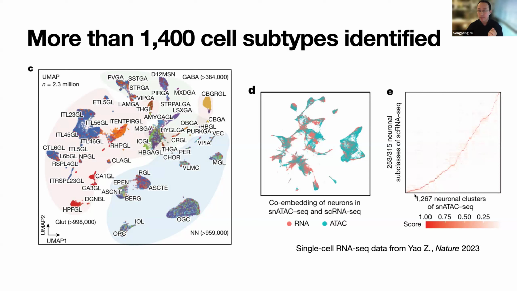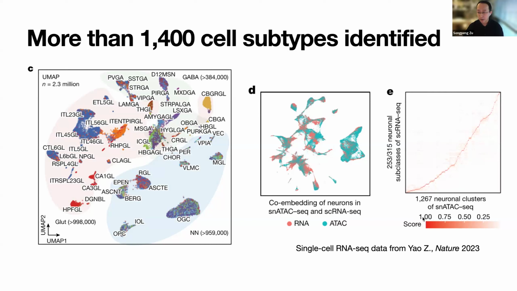Basically, for the consensus matrix measurement, given a cluster in our data, we see after label transfer how many cells are labeled to the same subclass, and this gives the ratio for that particular class.